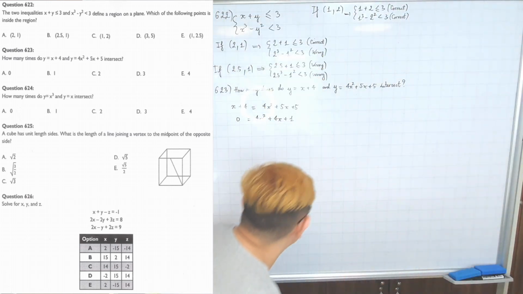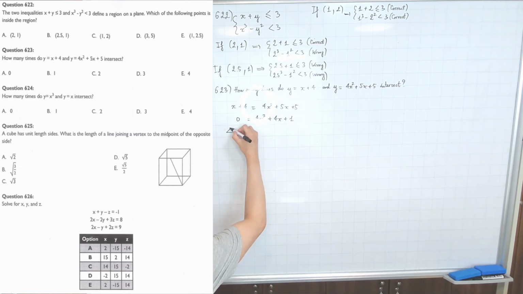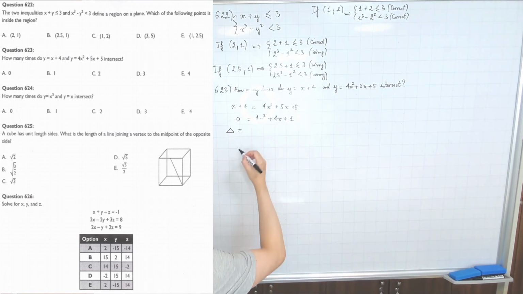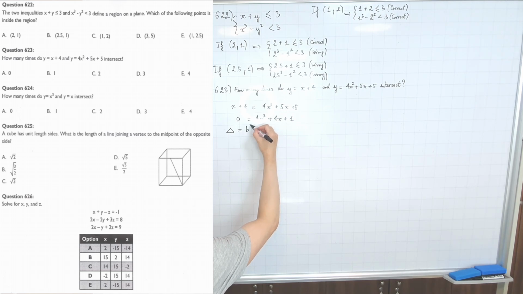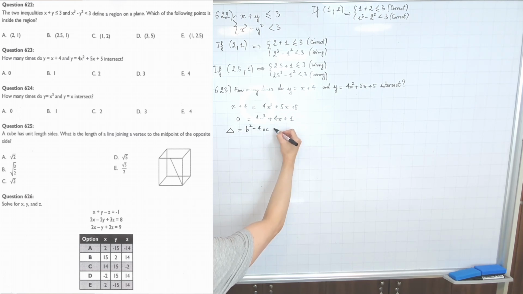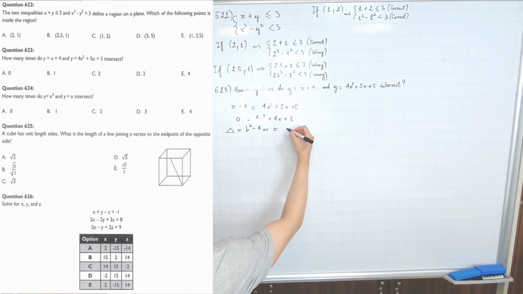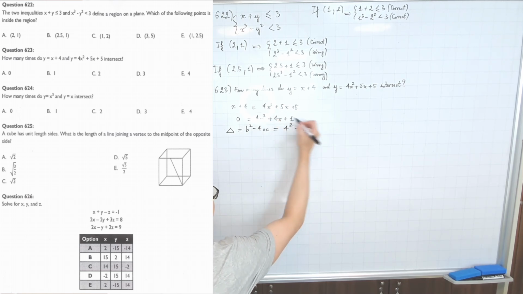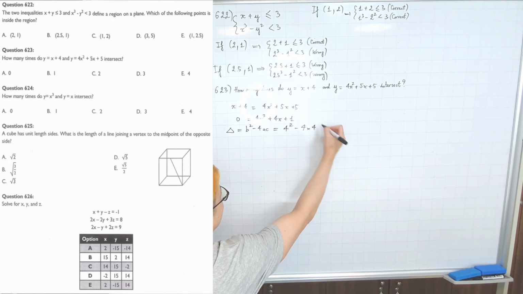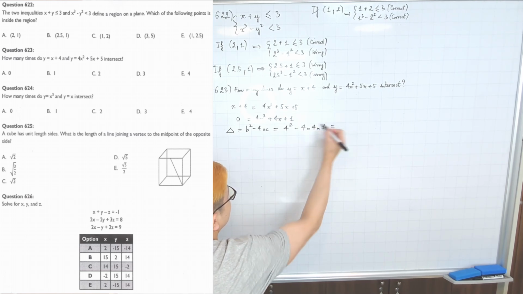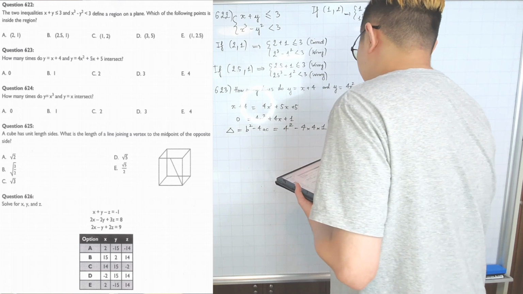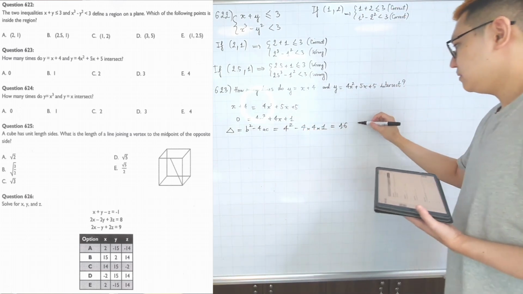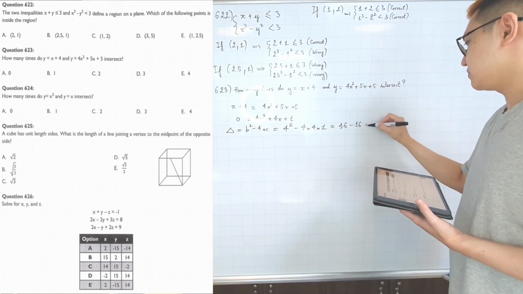So take delta equal to b squared minus 4ac. This is b, right? b squared minus 4ac, where a is 4 and c is 1, so 16. You have 16 minus 16 equal to 0.